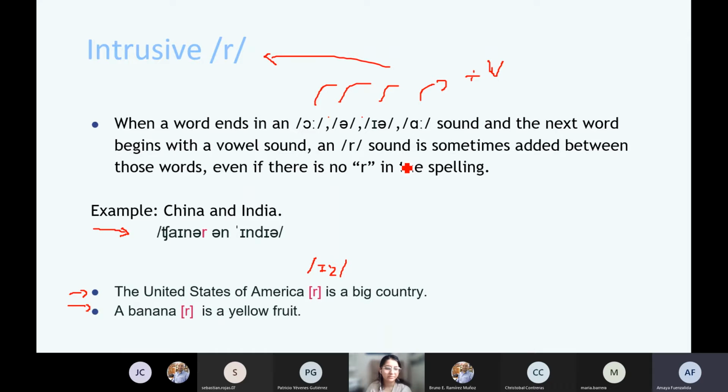A banana is a yellow fruit. Can you pronounce them now including the R sound, like after China, adding China and India, and America is a big country, and banana is a yellow fruit, please? China and India. The United States of America is a big country. A banana is a yellow fruit.